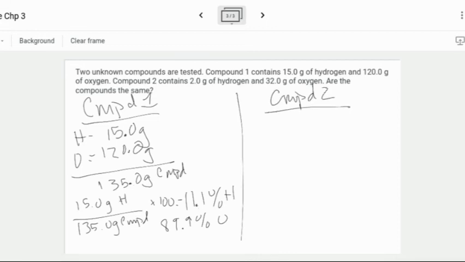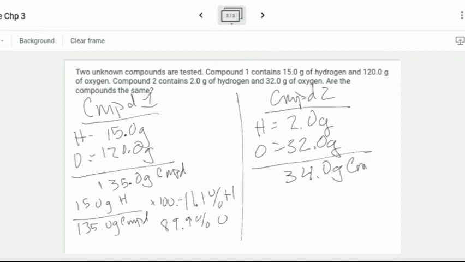Compound 2 then. Again, we have hydrogen is 2 grams, oxygen is 32 grams. So a total will be 34 grams of the compound. Again, we'll take our 2 grams of hydrogen divided by the whole compound, times 100.